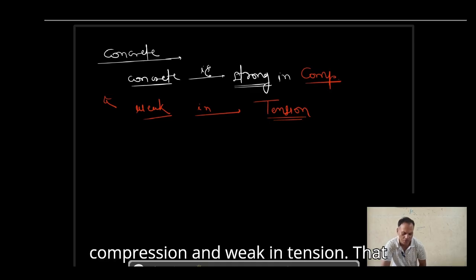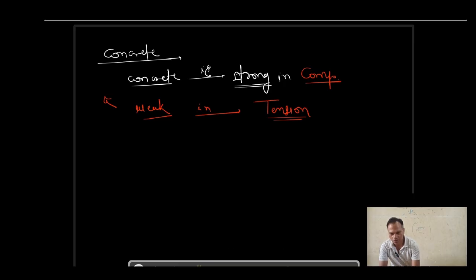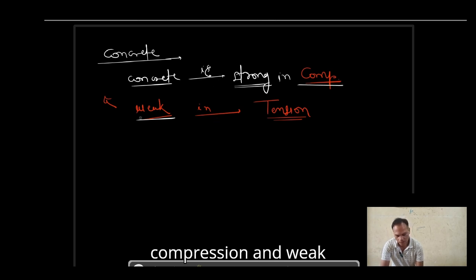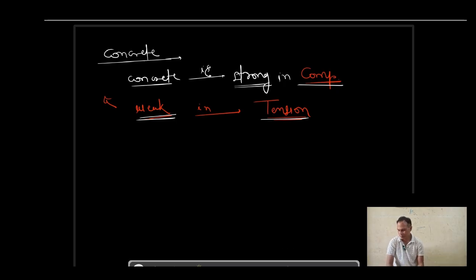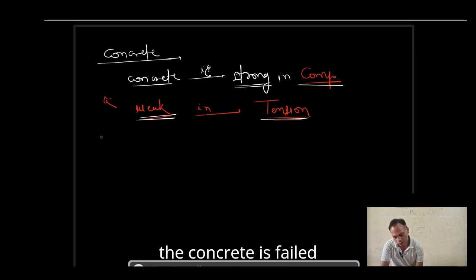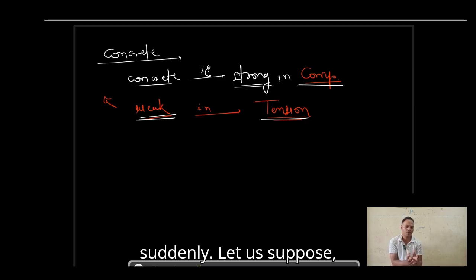Concrete is strong in compression and weak in tension. That means the concrete is strong in compression and weak in tension. In tension, the concrete fails suddenly.